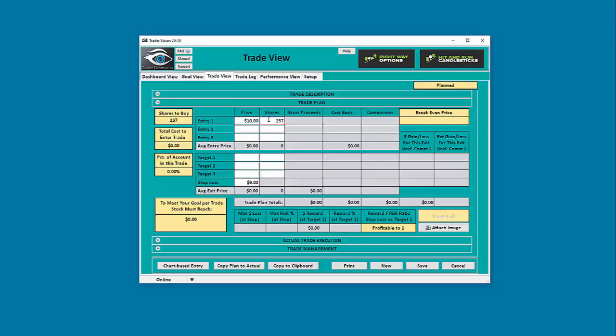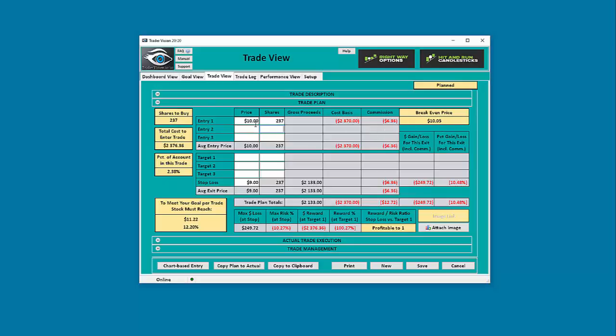If we enter 237 shares, it then calculates out that that would be 2.38% of our account, and the total cost to enter, including commissions, would be $2,376.36 at that $10 price. Our trade break-even would be $10.05.